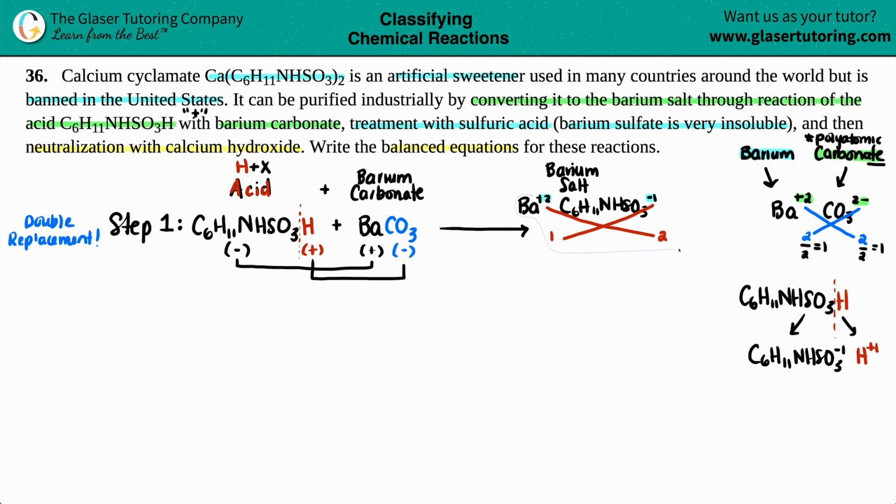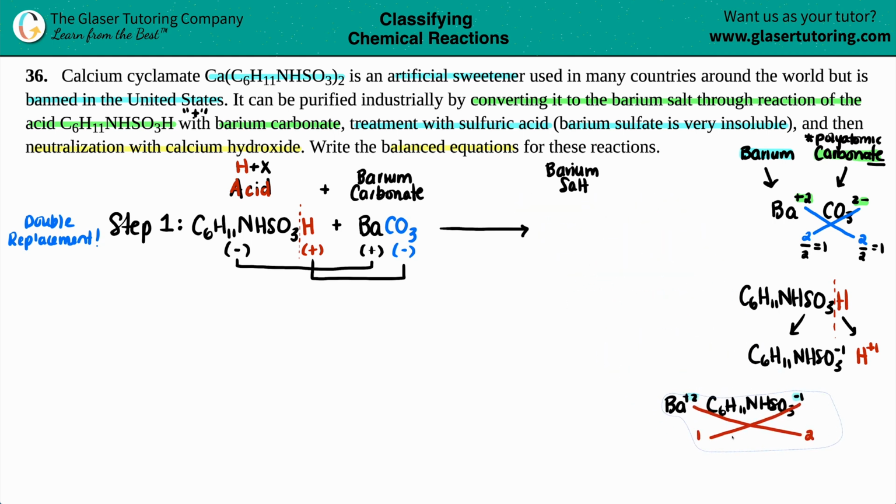And what I'm going to do is I'm just going to take this work and put it over here. Because now you have only 1 barium, but you have 2 of this whole thing. And when you have multiple of polyatomics, basically, you need to show parentheses.